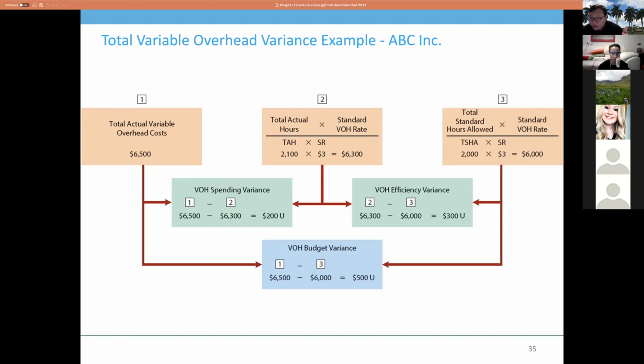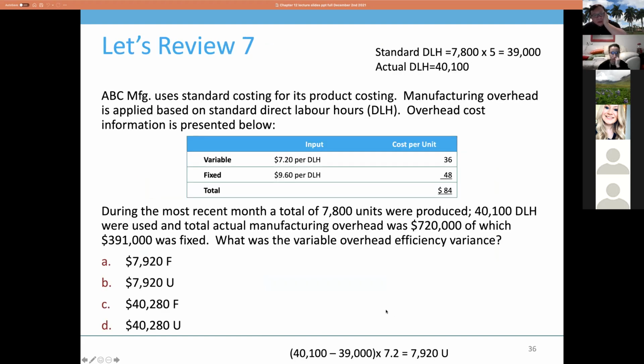If you're talking about spending variance, you are talking about overhead. If you are using efficiency, you are talking about overhead, right? So you set up very similar to what you have seen for the materials and the labor. In the exams, if you have a question, just follow this format, right?